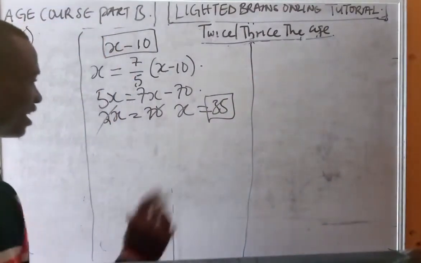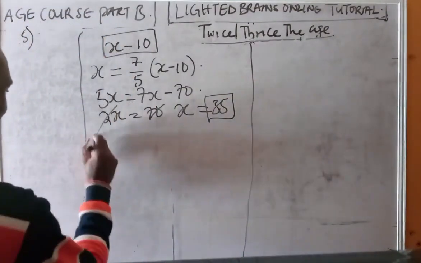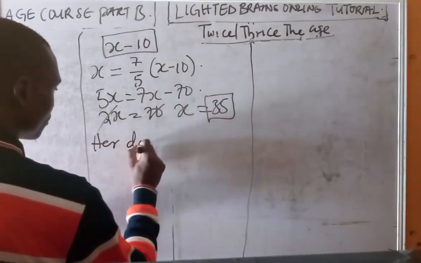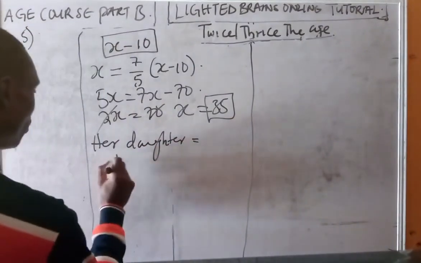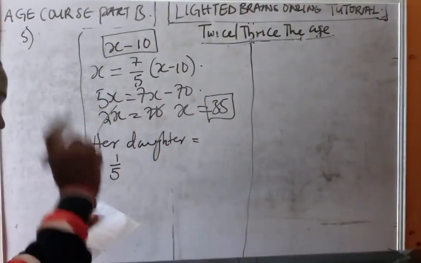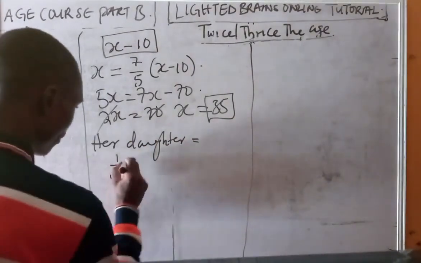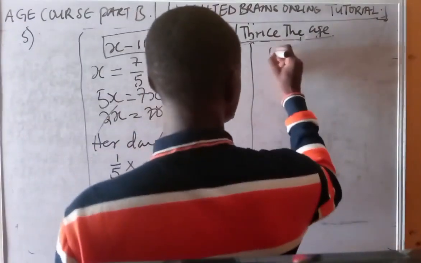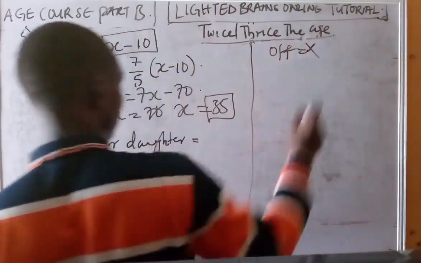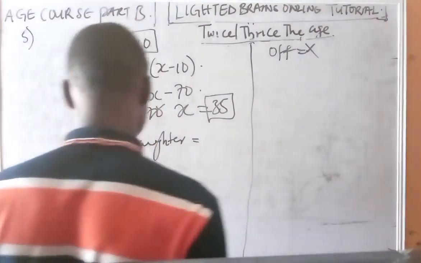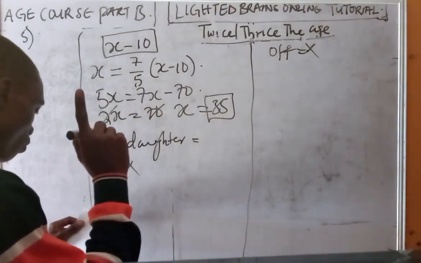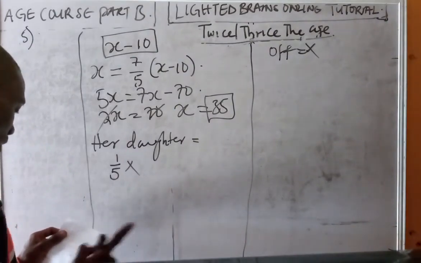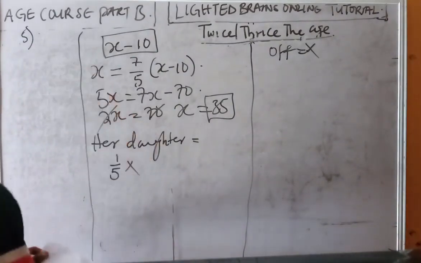Now let's look at our daughter's age. They say that our daughter is 1/5 of her age. Know that of means multiplication. So please take note of that. 1/5 of her age.